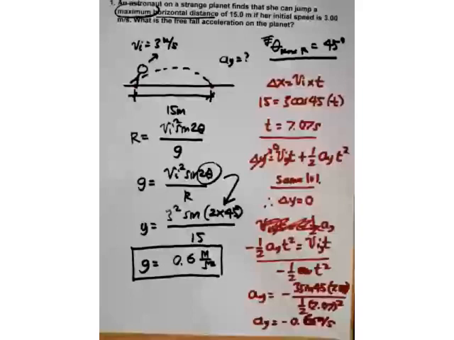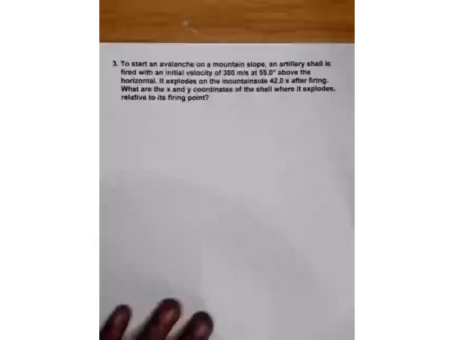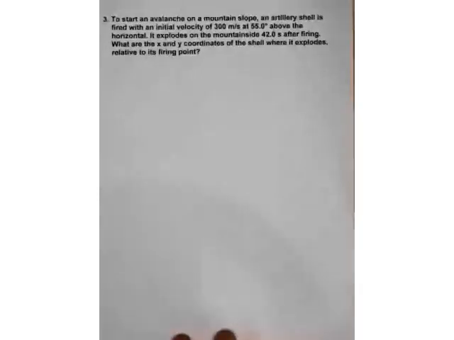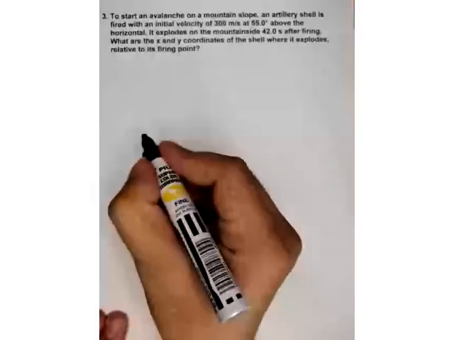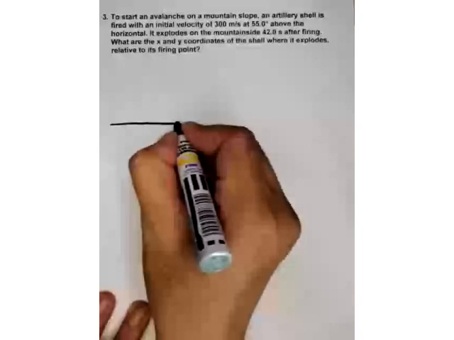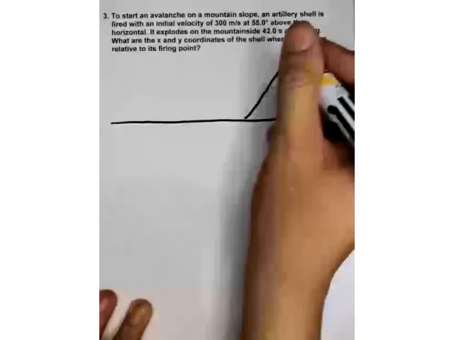Ayan. So can you try this one? Ito madali lang. Ayan. So try nyo, I'll give you like 2 minutes, 3 minutes. Okay, so to start an avalanche, drawing ko lang yung figure. Ito yung mountain slopes. Let's say that's the mountain slope.